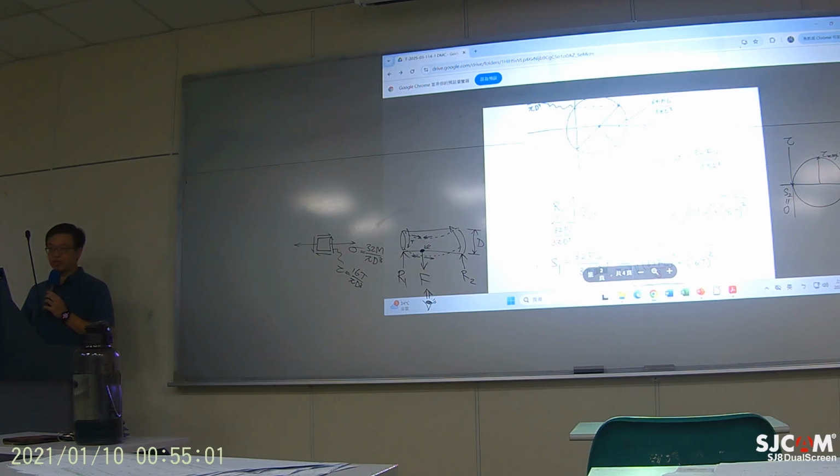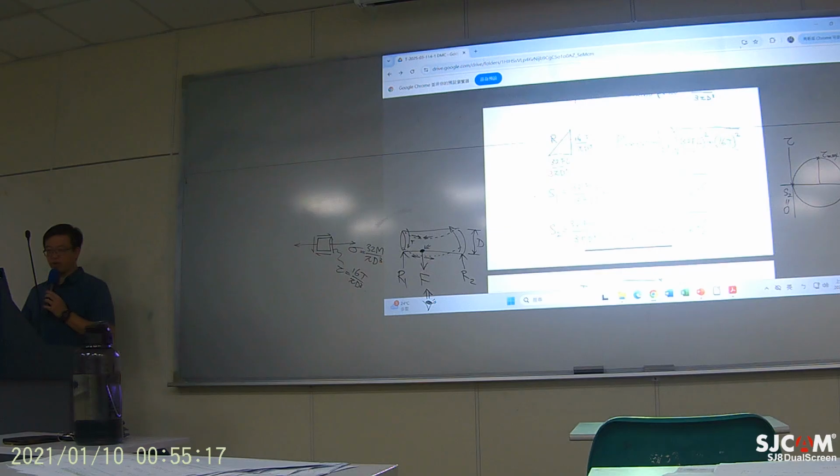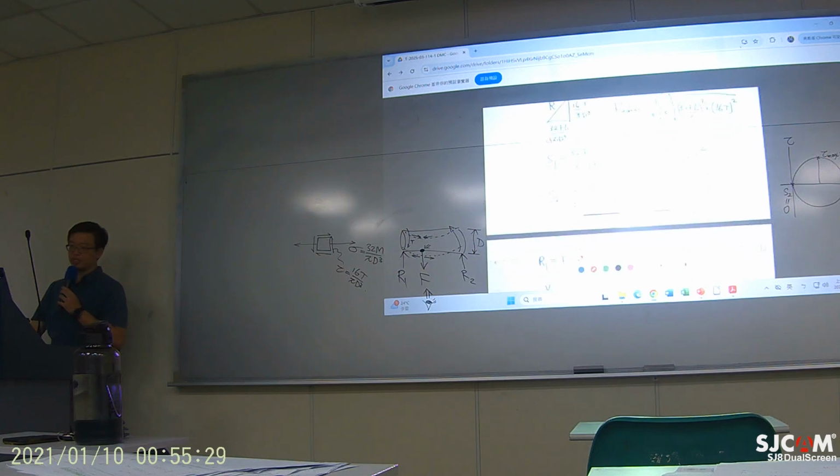So over here, you can just write down the whole equation. Right? This is the radius. So the first principal stress and the second principal stress can be determined by the center point plus the radius and the center point minus the radius. So these are the expressions of the first principal stress and the second principal stress.